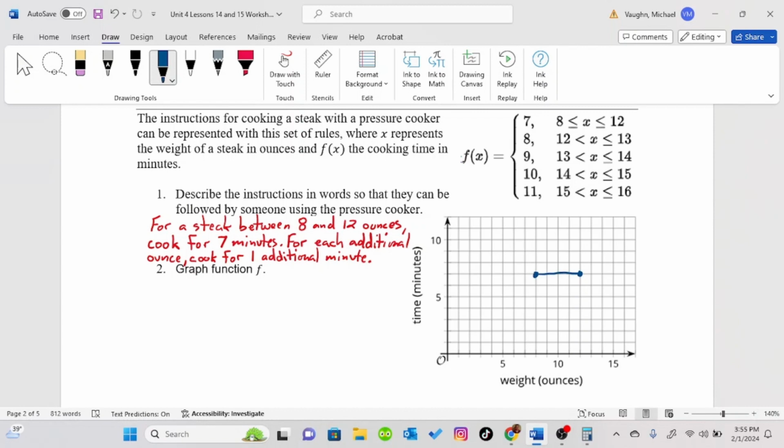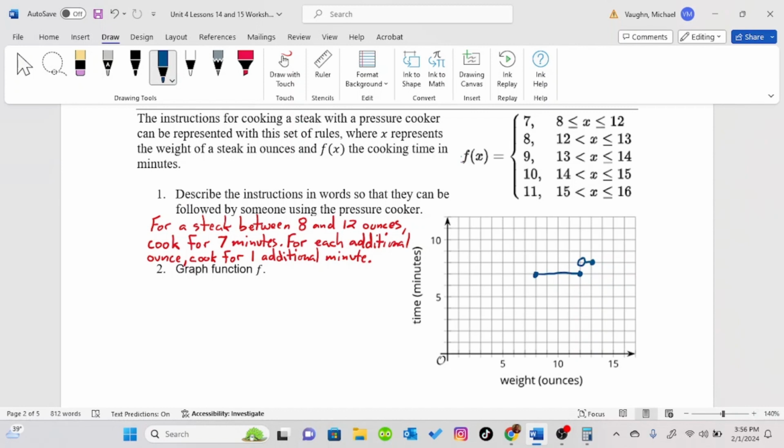The next rule is from 12 not included to 13 included. And the value is 8.